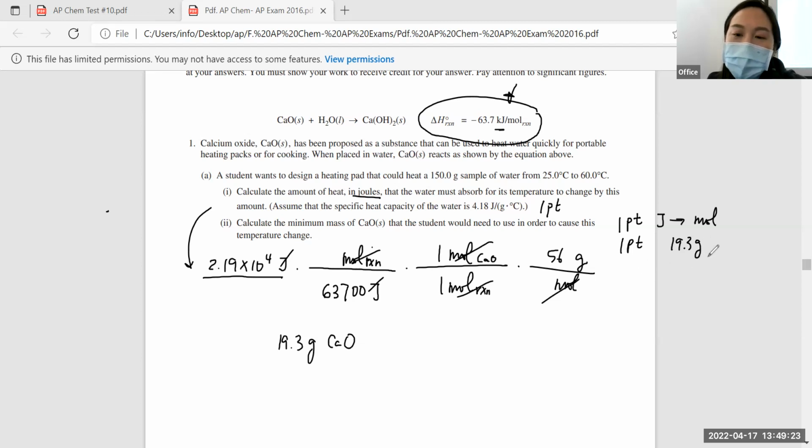So pretty much, if you got 19.3 grams and you showed your work, you get both points. So part A, total 3 points.